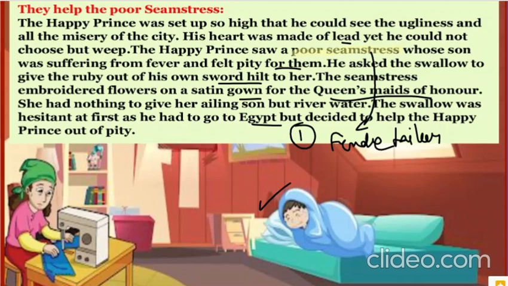So the poor seamstress was doing hard work so that she could get some money at least, and she had nothing to give the ill child, so she gave some river water. The swallow hesitated: no, I want to go to Egypt, how will I go to Egypt? Then he decided that fine, I can go later on, but I will help the Happy Prince.